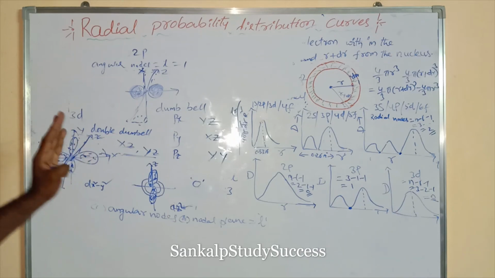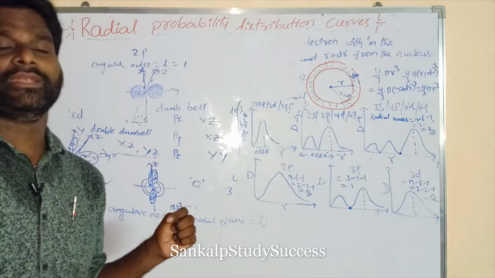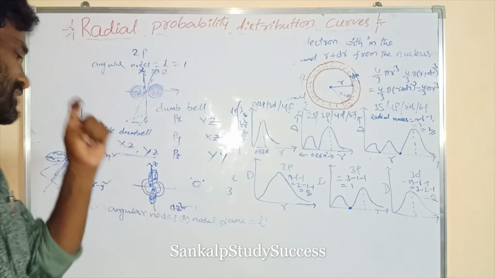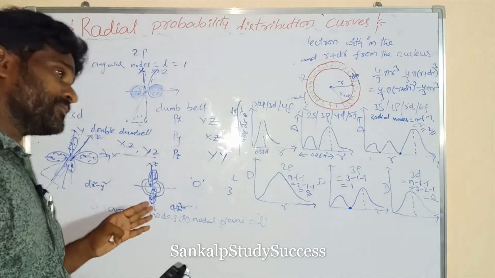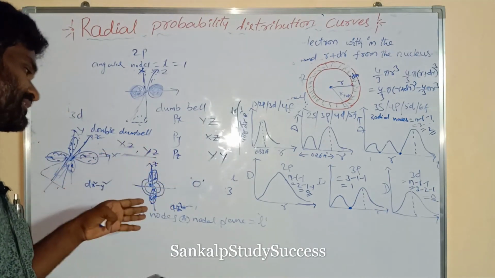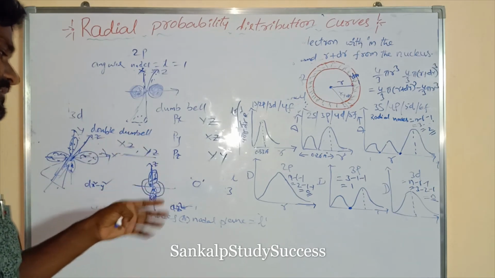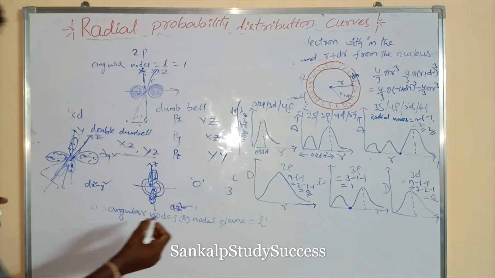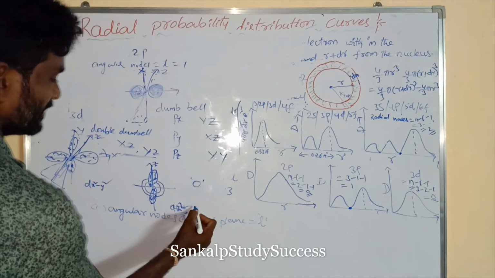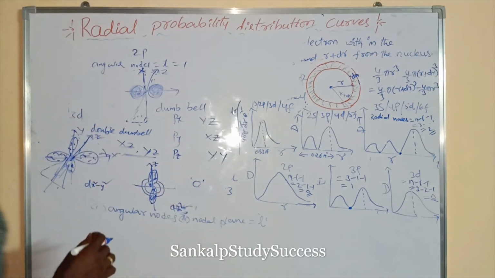But dz square has 0 nodal planes, because 2 lobes are present and another 2 lobes are converted to a ring. So the dz square orbital has 0 nodes.